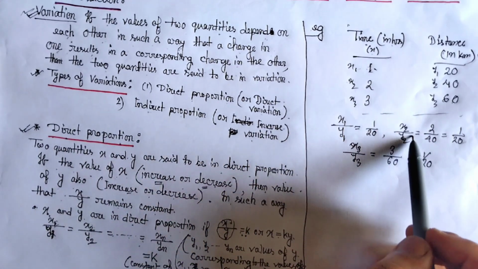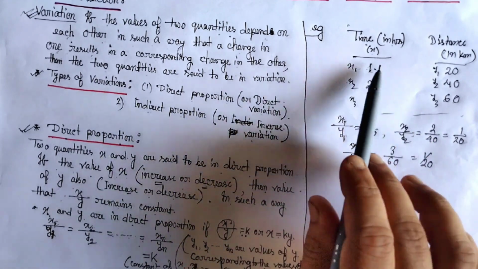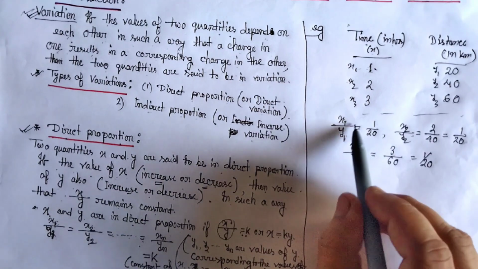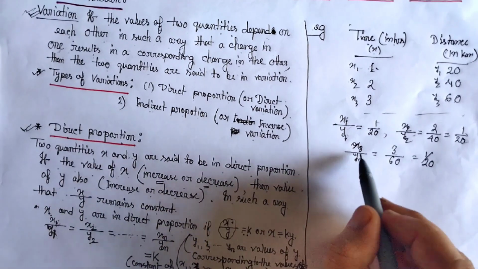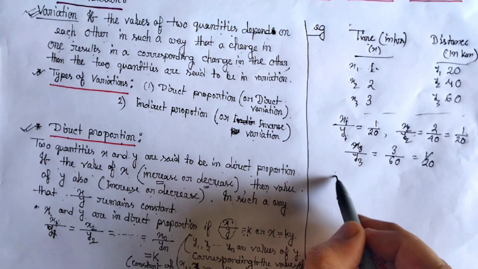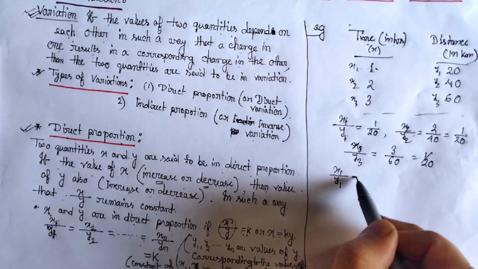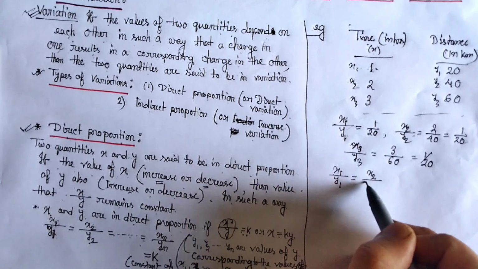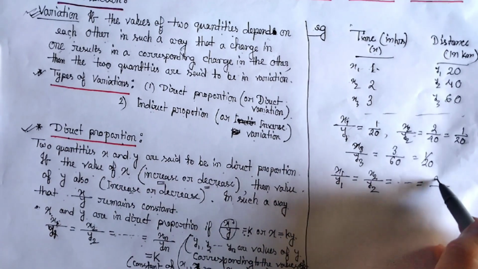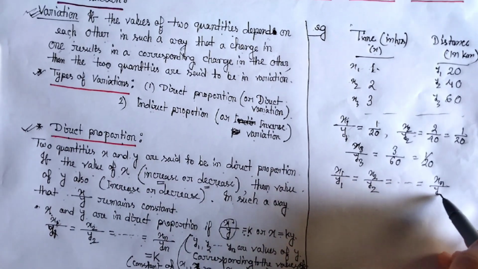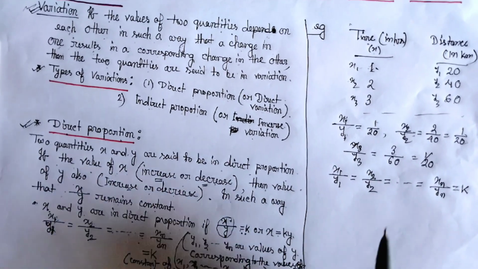If two quantities have the same ratio, then it is a direct proportion. So x1 upon y1 equals x2 upon y2 equals and so on up to xn upon yn equals k, where k is a constant.